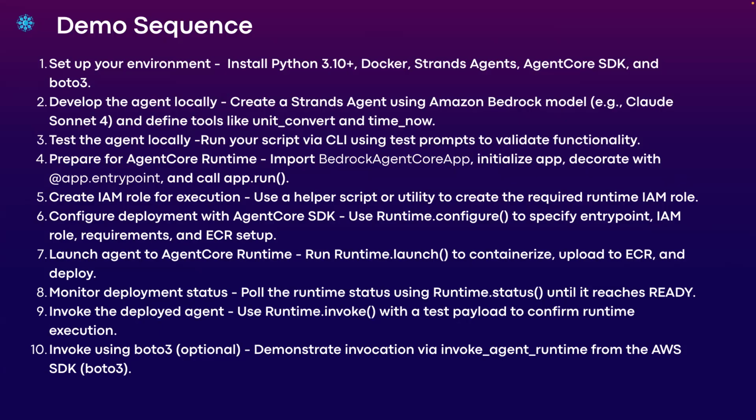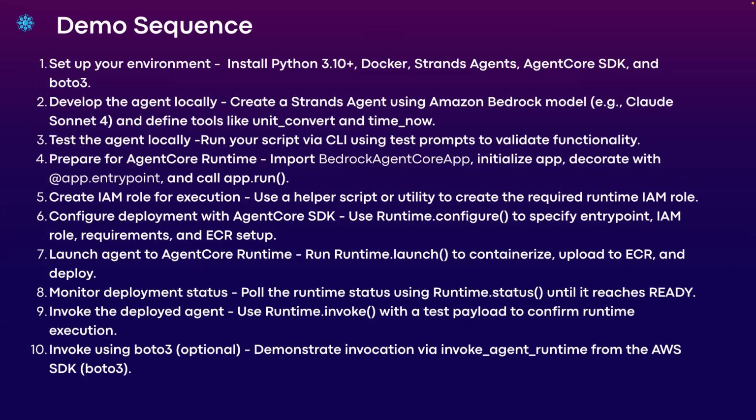After we test the agent locally, we will package it and deploy it to AWS. For that, we use the Bedrock Agent Core app, which acts as a decorator. Then we add an entrypoint, which will create a URL. Then we use app.run, which will run and do the testing.